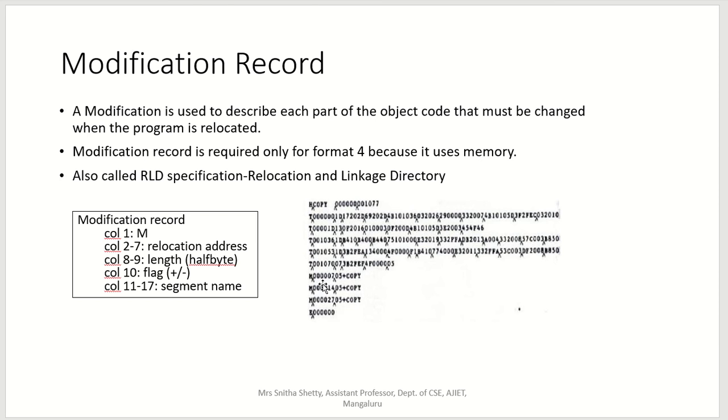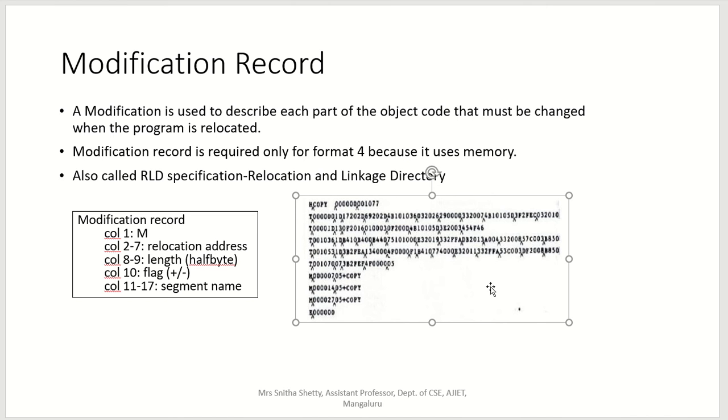Assume the address is 0007, and that address contains an instruction which belongs to format 4. Format 4 means how many bytes? 4 bytes. The length of that format 4 instruction is 4 bytes. So now it needs modification.